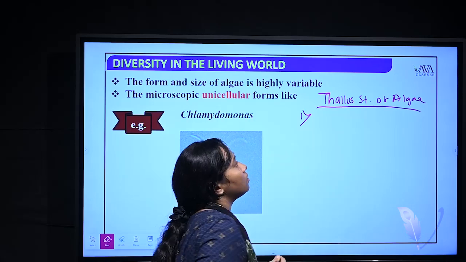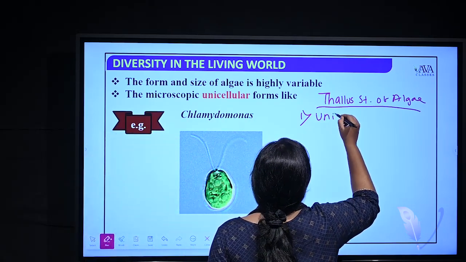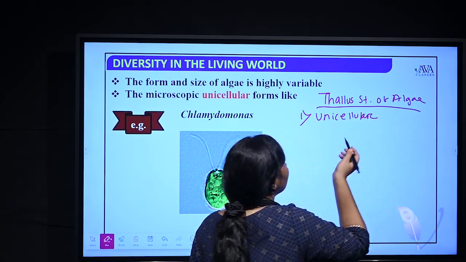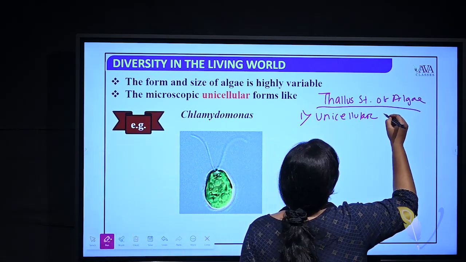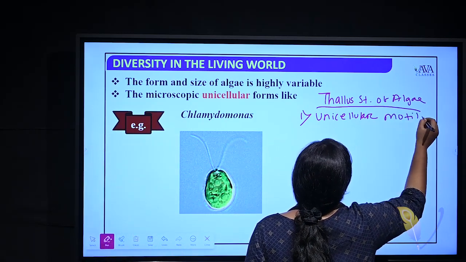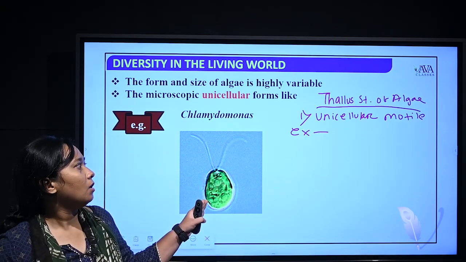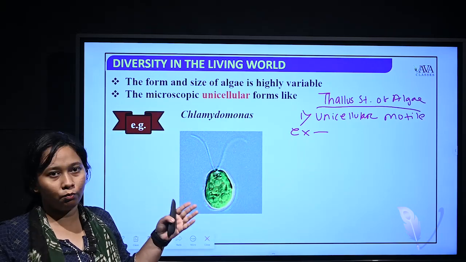So their thallus can be unicellular, also motile as well as non-motile. Some unicellular motile forms are present. Example, your Chlamydomonas. Why is it motile? Motile means they can move, okay.